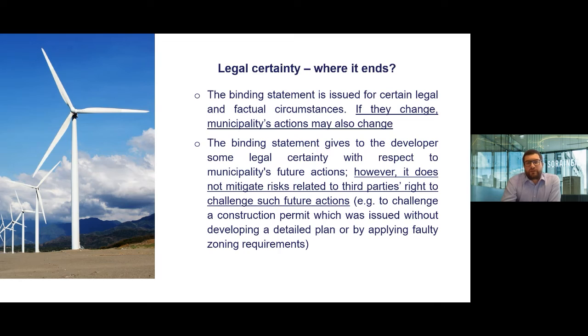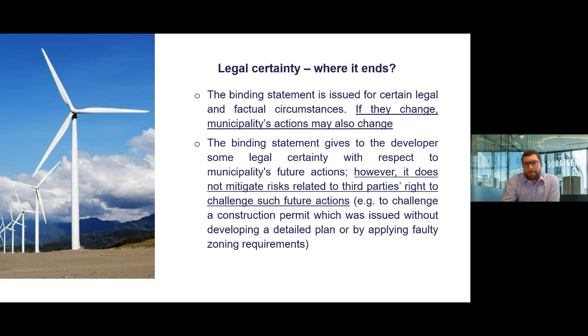Another issue of this binding statement is that it gives some legal certainty to the developer with respect to the municipality's future actions. However, it does not really mitigate risks related to third parties' rights to challenge such future actions.